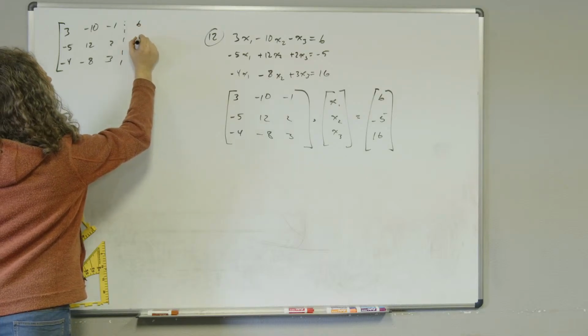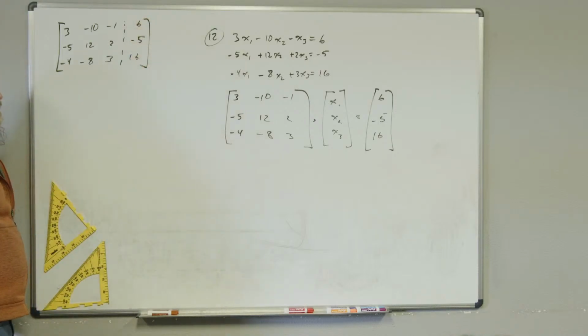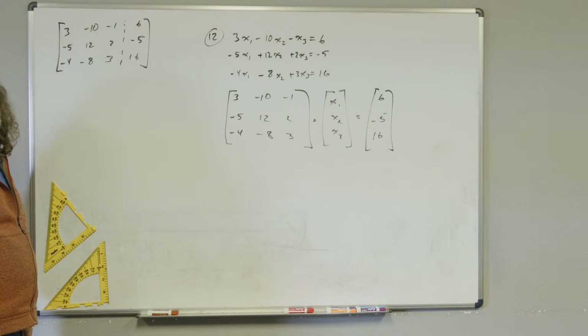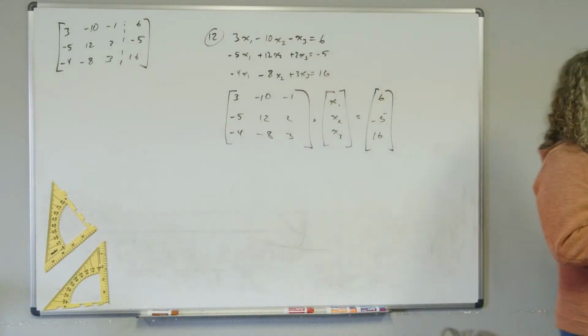Negative 5x. So then you punch that in your calculator and put it in reduced row echelon form. Wait, we're not just allowed to put this in the calculator now? This one, yes. I have said that multiple times at this point.